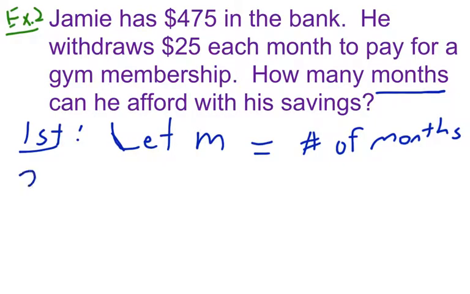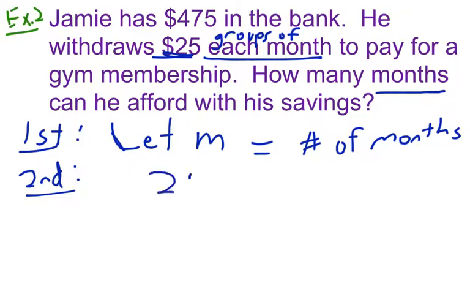Alright, so our second step is let's write an equation using that variable. Well, I know his total's $475, and I know he needs $25 each month. So that means like groups of. Remember what groups of means? Yeah, groups of means multiply.